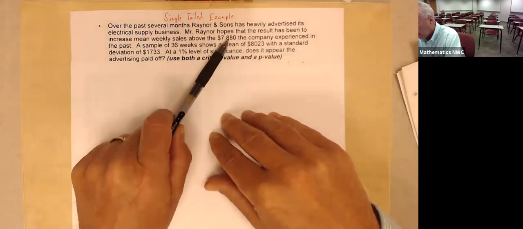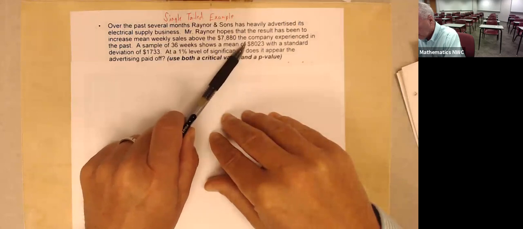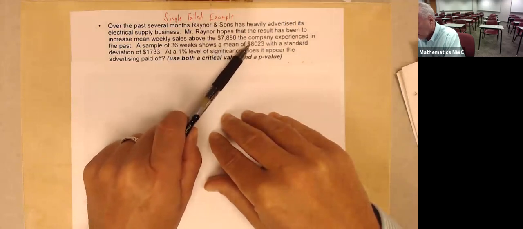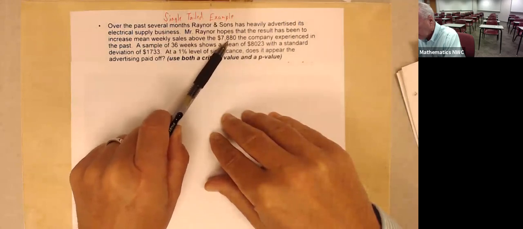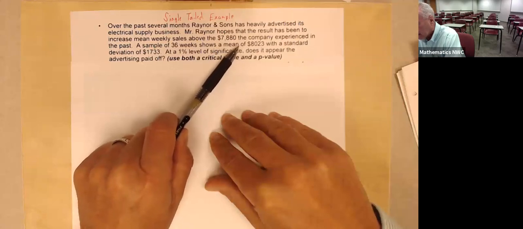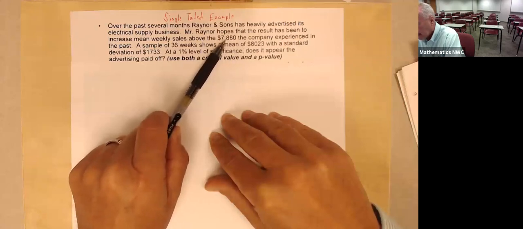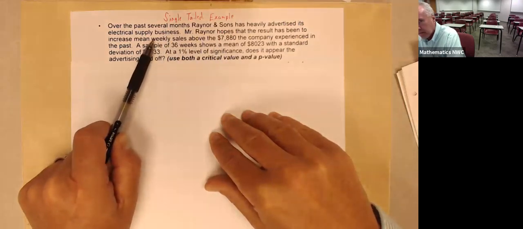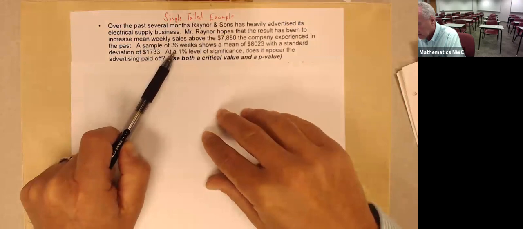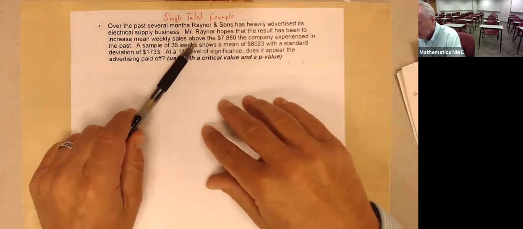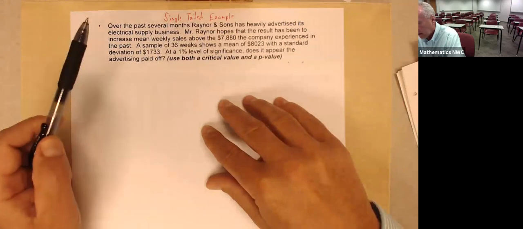Even though it's above, is this within reasonable variance, meaning I don't have evidence that it's increased, or is this 8,000 so much bigger than 7,880 that it gives me sufficient mathematical evidence to say the 7880 is no longer true, the advertising has been effective? That's what the test is trying to show. That's what an advertising agency would want to show a particular customer.